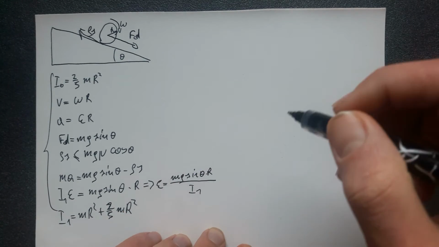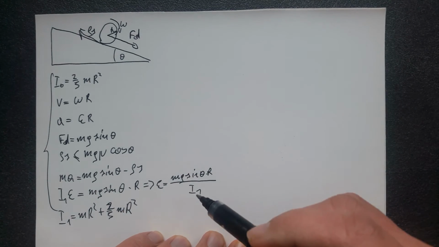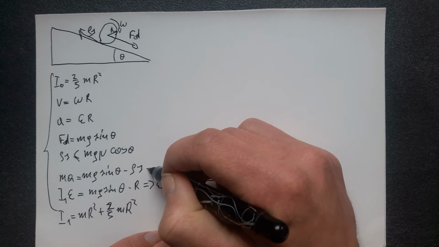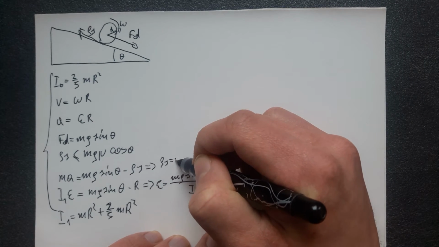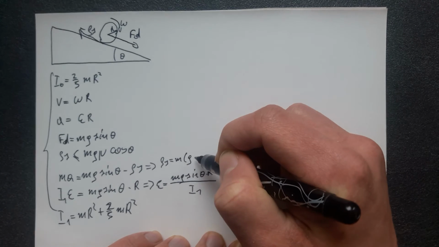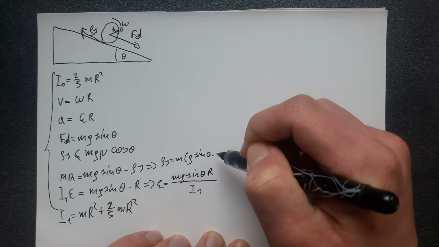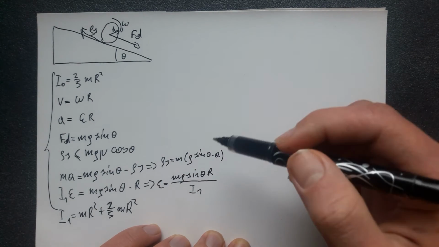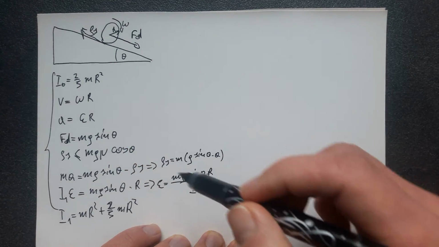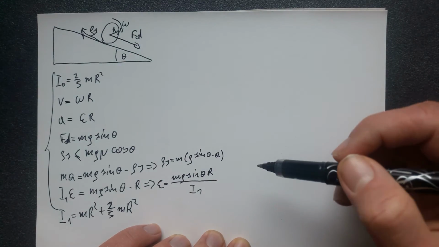The masses will cancel, but not now, maybe. Okay, and from this equation we have that Fs is equal to m times g sine theta minus a.